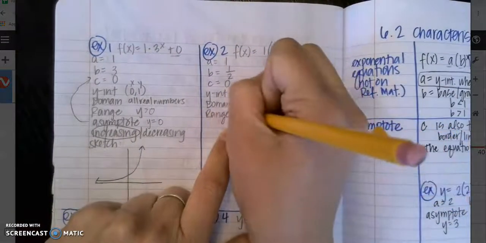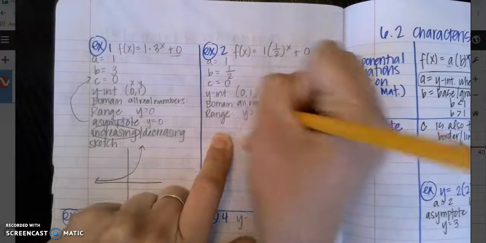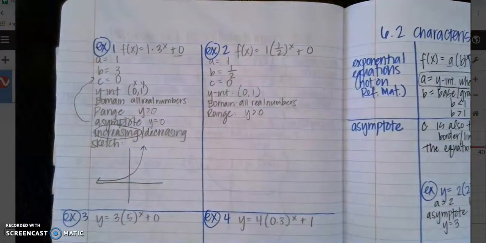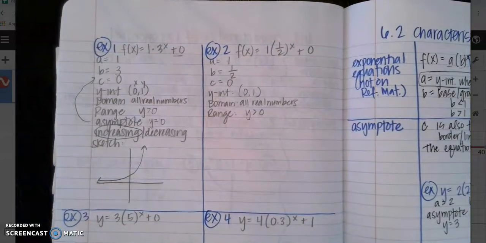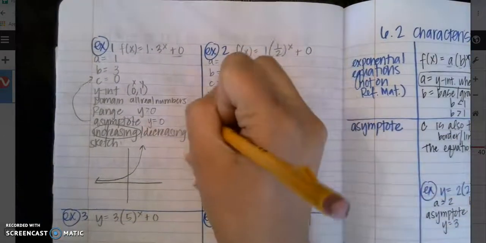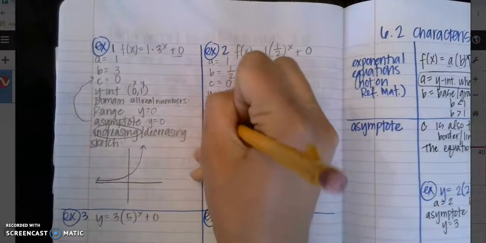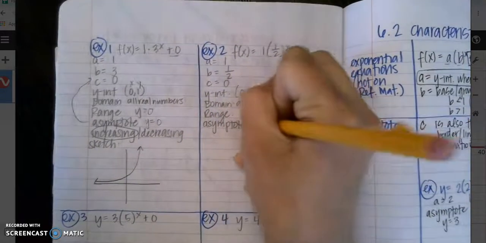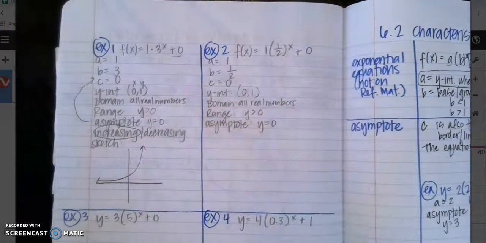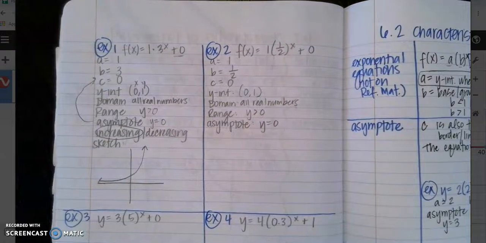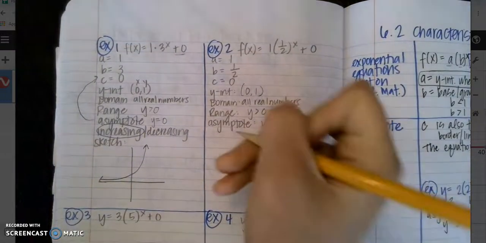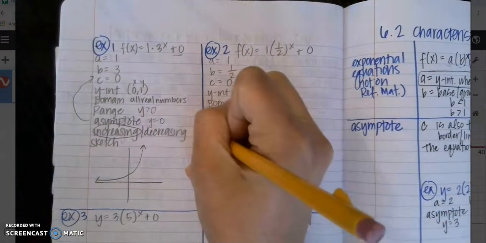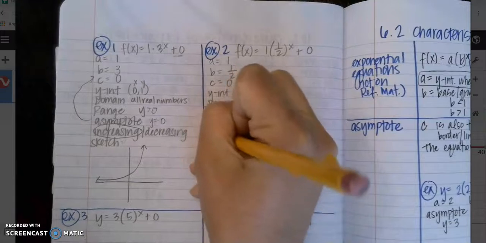My range is going to be y values are greater than 0. Again, it's not going to be equal to 0 because it's never going to cross that 0 boundary. My asymptote is my C value, or at y equals 0. That's that boundary, that dotted line that you guys saw in IXL that the graph can't cross. This graph is decreasing.